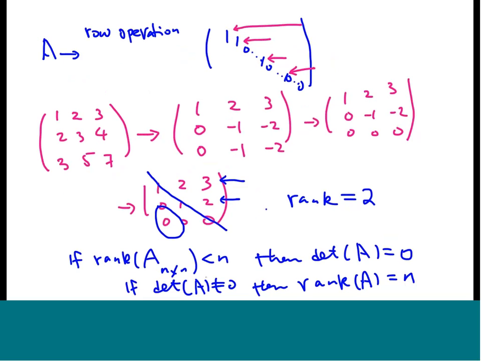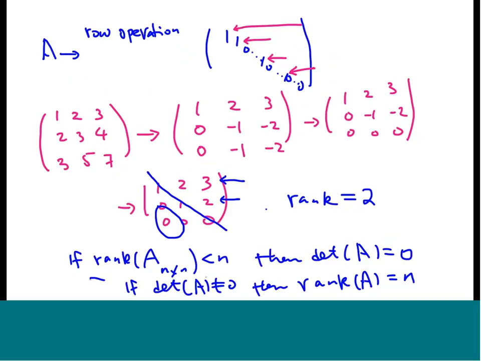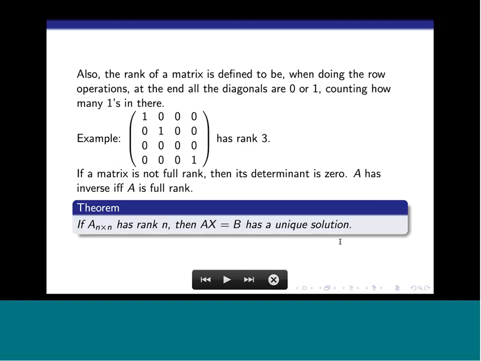This is also if and only if A has the inverse. So rank n if and only if the determinant is not 0, if and only if A has the inverse. You get it?